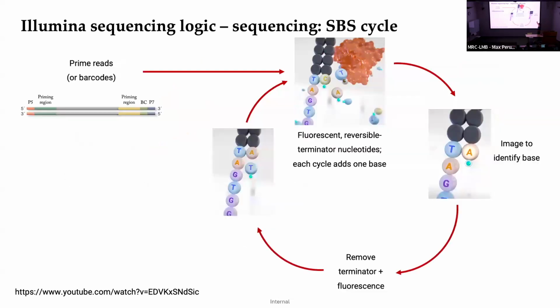This is the sequencing by synthesis cycle, okay? If you've seen these kits, they often label the number of cycles associated with the sequencing run itself, okay? And basically it looks something like this. The nucleotide itself is fluorescently labeled and has a reversible terminator attached to it. That basically means it follows the same logic as Sanger sequencing, meaning it will effectively stop.